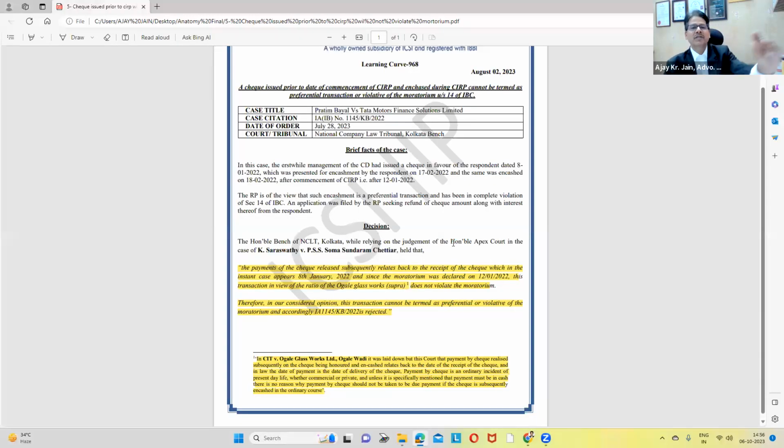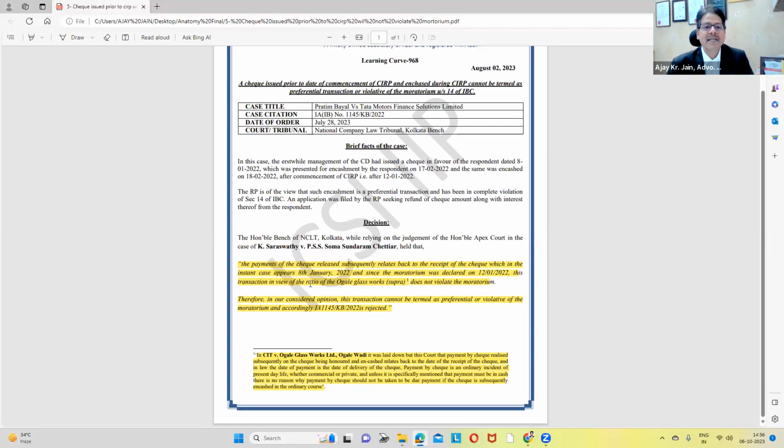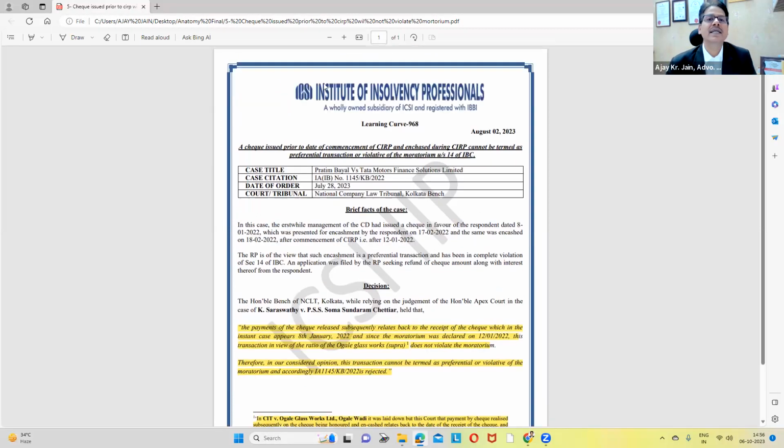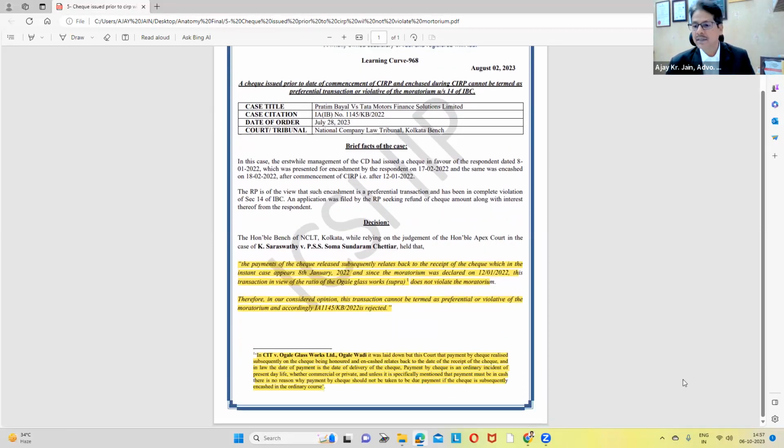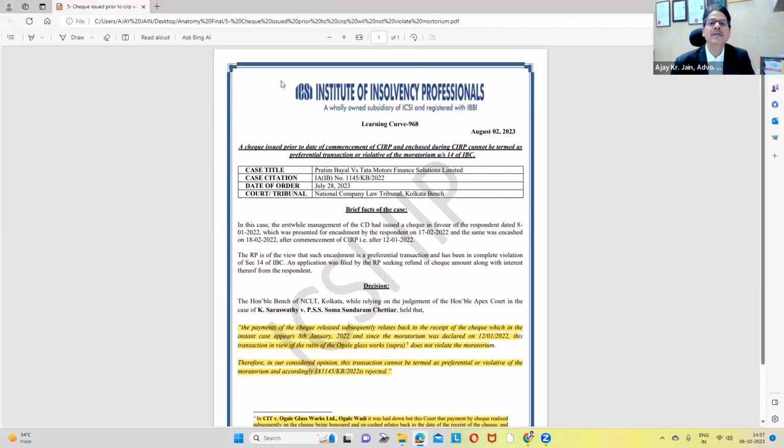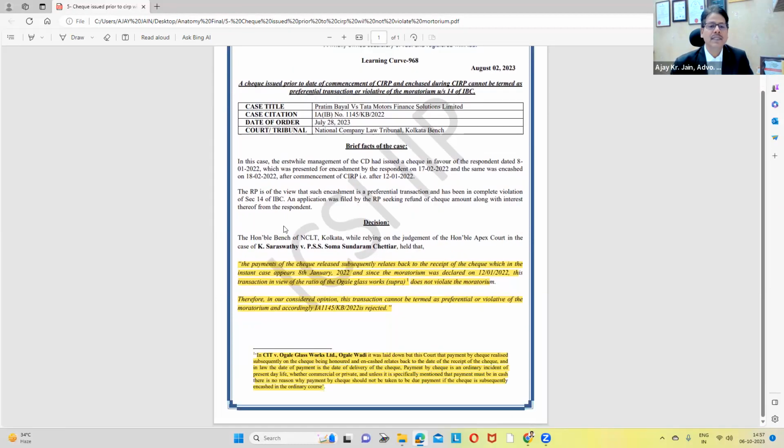Here is the head note given by the Institute of ICSI IP. The payment of the check released subsequently relates back to the receipt of the check, which in the instant case appears to be 8th January.